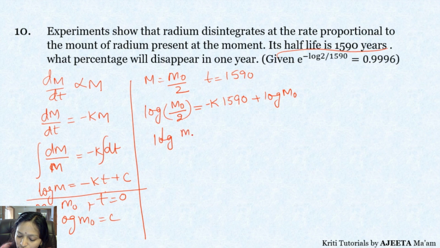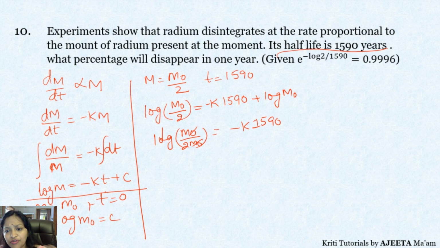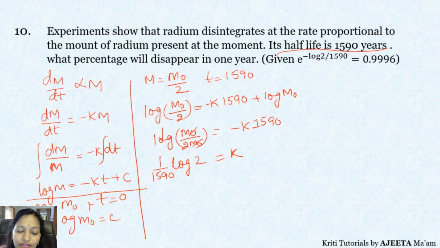Log m0 by 2 m0. M0 cancels out, minus K 1590. Again we will take minus sign to this side as we did in the previous question. तो क्या हो जाएगा आपके पास log 2. 1590 will also come this side and that will be the value of K. Just check. So your K value will be log 2 upon 1590. Correct?